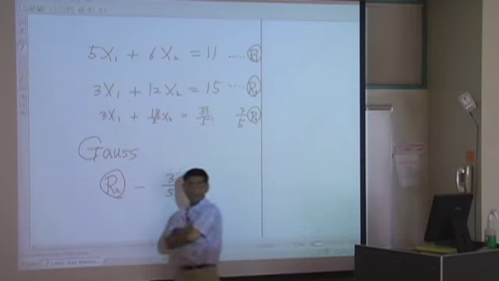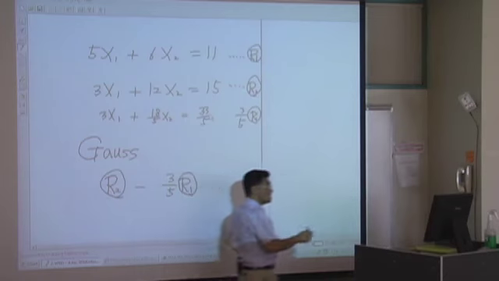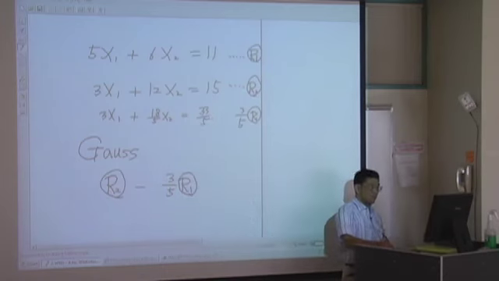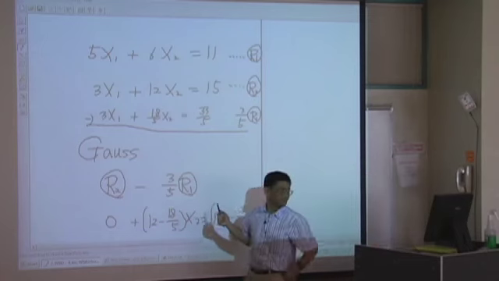I multiplied row 1 by 3/5. And now let's do the subtraction. From R2 we subtract this thing. So we do the elimination. And as you can see, we will get 0, and then plus (12 minus 18/5) x2, and then 15 minus 33/5. This is the result that we will get.